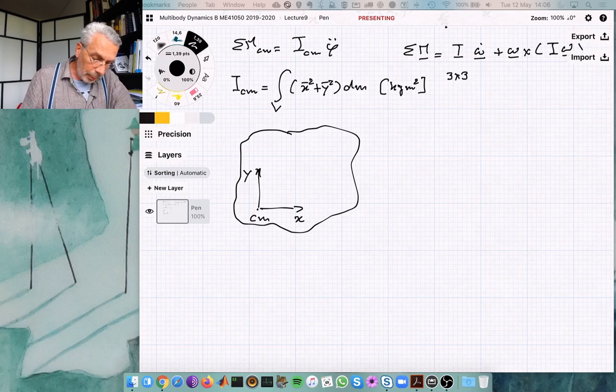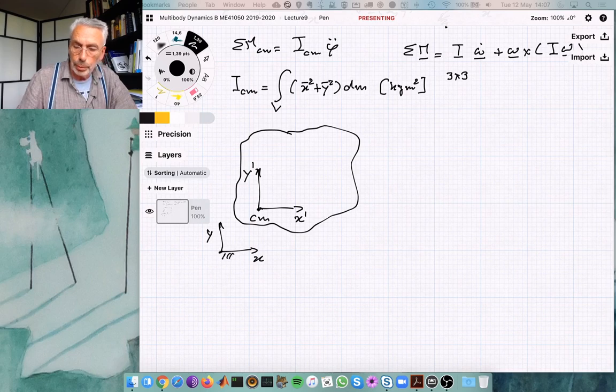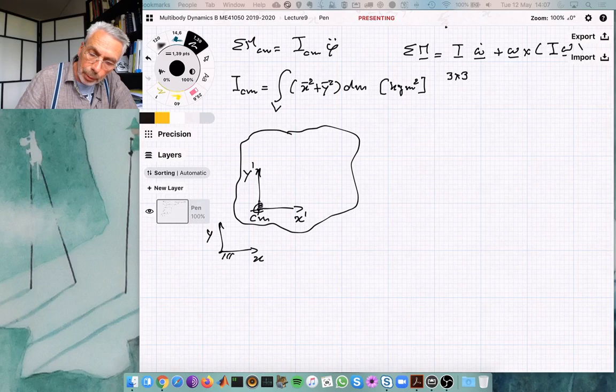And then what I'm going to do, I want to write down, and maybe I put a prime here to denote that it's with respect to the center of mass, because here I have my inertial system xy. But locally on the center of mass, I measure with x prime and y prime.